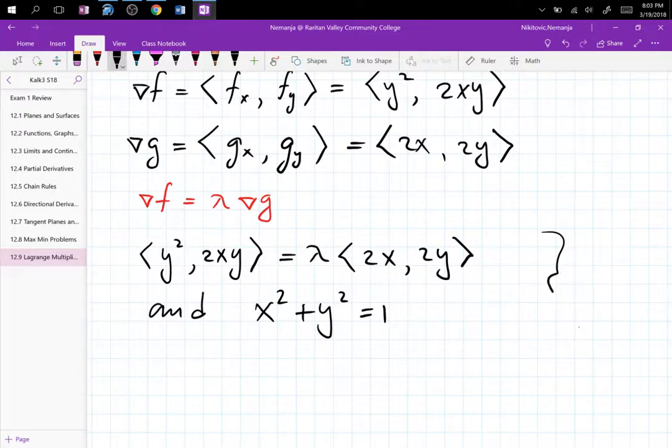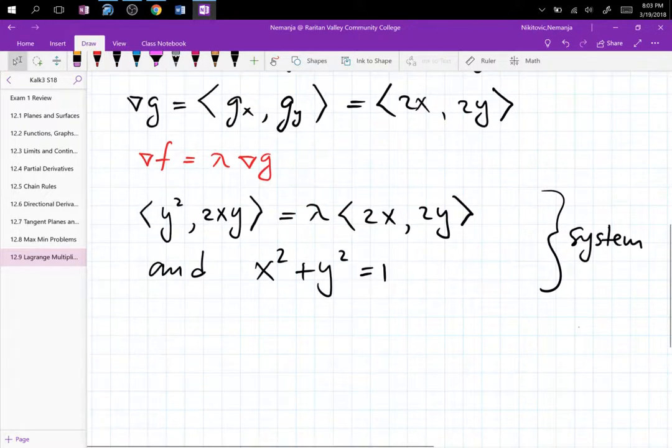Guys, this is your system. I know it doesn't look like a system yet, but the equality of gradients with the Lagrange parameter and the constraint equation together create the system of equations which you can use. So now let's solve it.